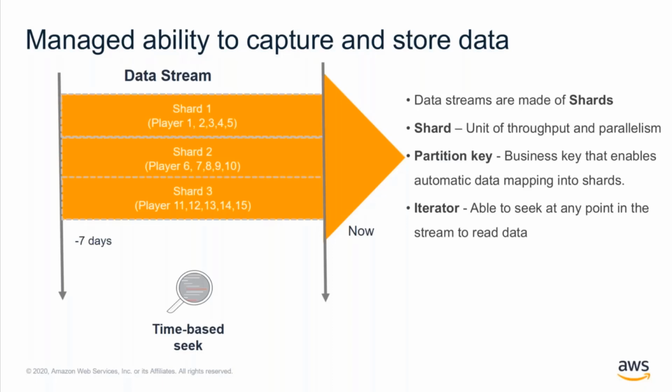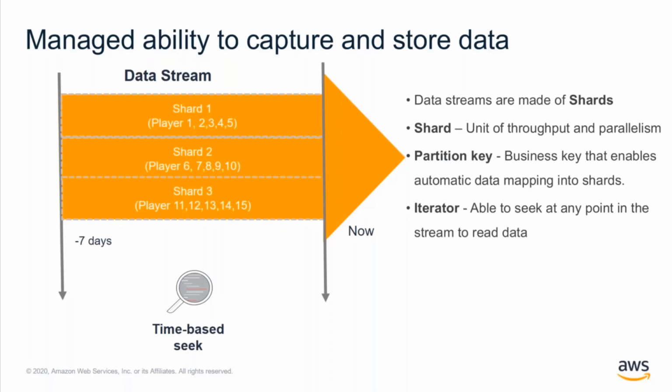So all the data records relevant to a particular player, as you can see in the picture here, all records related to players 1, 2, 3, 4, and 5 are written to shard 1. All records related to players 6, 7, 8, and 9 are written to shard 2, and so on and so forth.